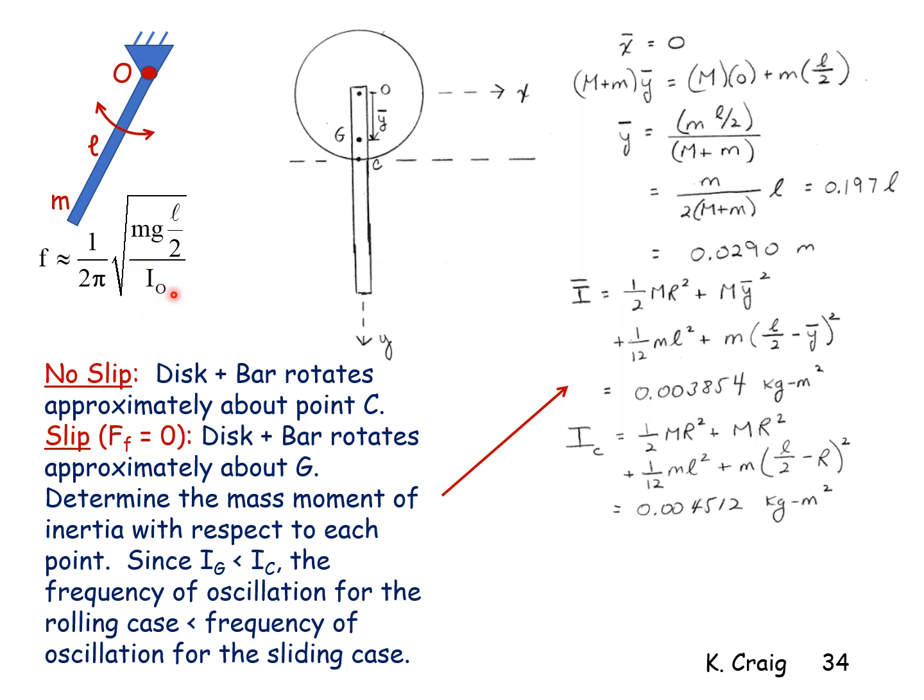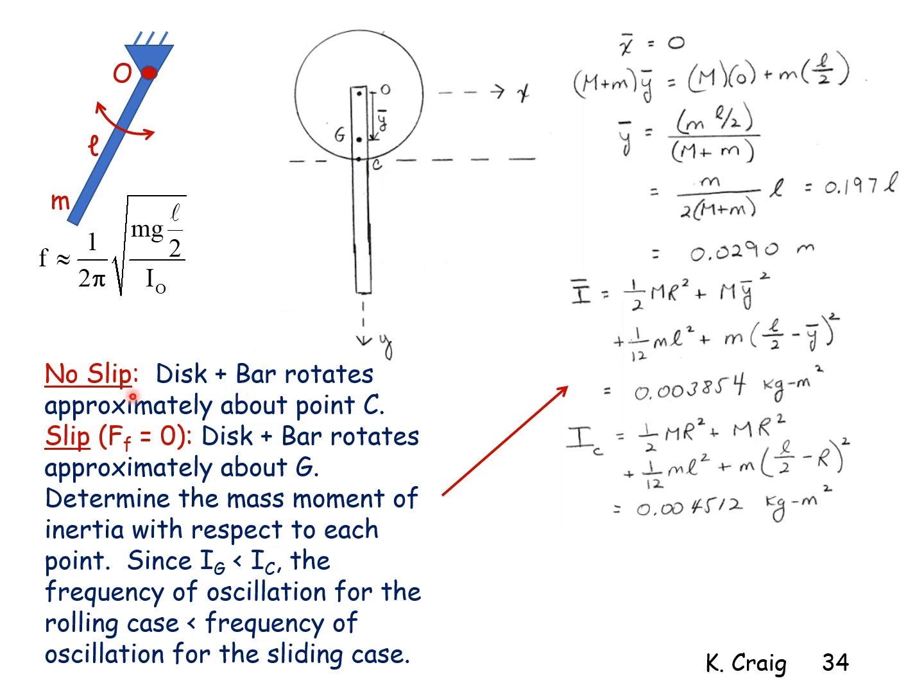Now, I know where the composite center of mass is for my system. I show here a G, and I show the calculation again that we performed earlier when talking about mass distribution.